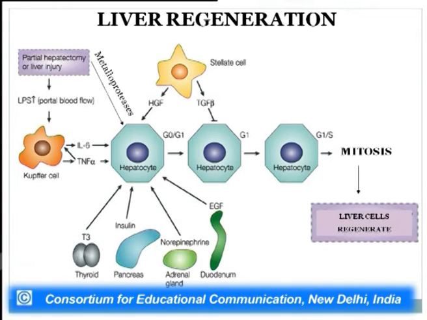So, this diagram depicts how liver regeneration occurs. When there is a partial hepatectomy or a liver injury, there is an increase in the level of LPS, lipopolysaccharides, and through the portal blood flow, it goes to the Kupffer cells and is sensed by them.